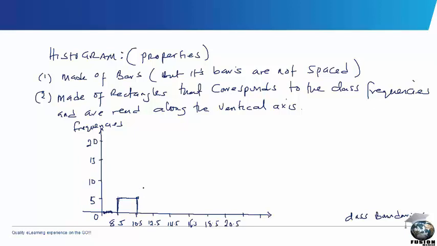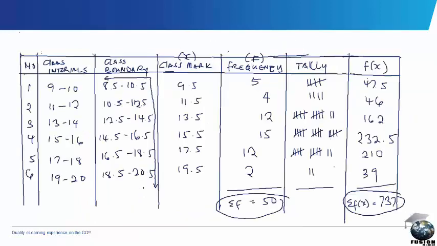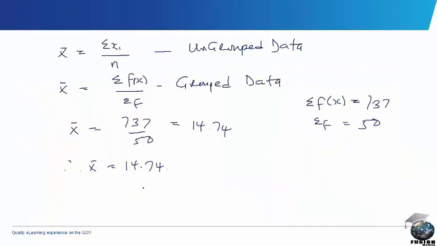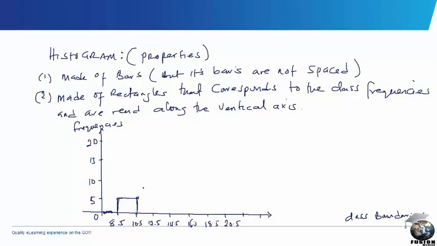Fine. And then from 10.5 to 12.5, I have a frequency of 4, a little bit below this other frequency, showing a difference of 1. All right, and so we have the frequency here.